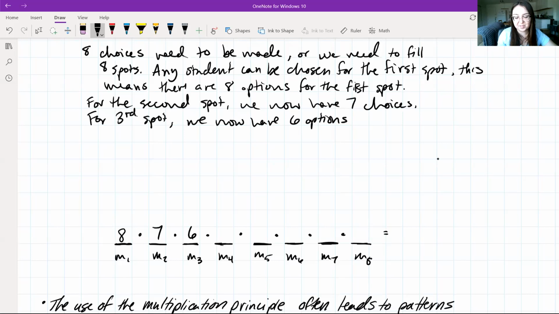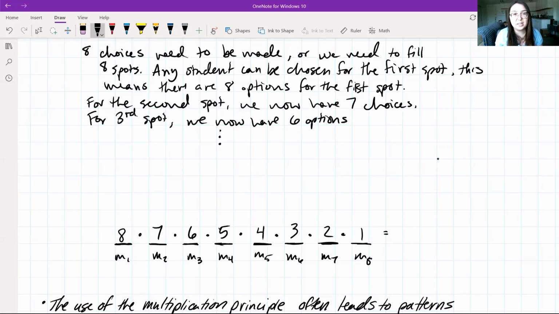After our third spot, we have chosen 3 students out of 8. Now we have 5 choices left over. So we kind of see where this is going. We already have an 8, 7, 6. So we can assume that this is going to go 5, 4, 3, 2, and 1.